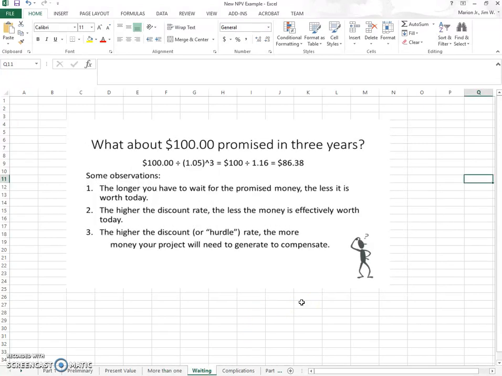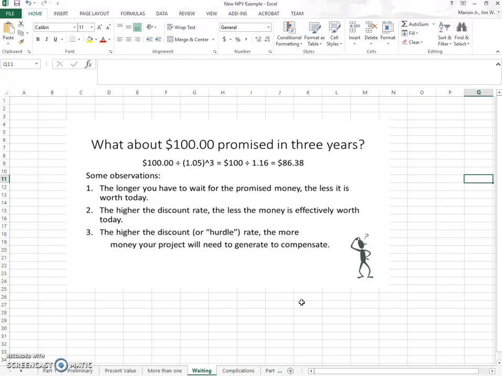Well, you would use the same principle as you did with 1 year. For example, what about $100 promised in 3 years? That would be 100 divided by 1.05 raised to the third power, or 100 divided by 1.16, which is 86.38. Another way of thinking about this is if you had $86.38 and put it in the bank today, earning 5% per year, in 3 years it would be worth $100.